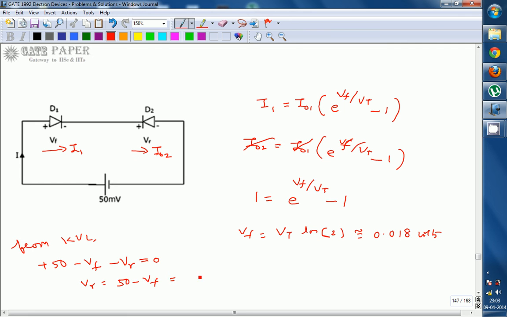Vf is nothing but 18 millivolts. 50 minus 18 is 32 millivolts, which is the voltage across the reverse bias diode, with the n side positive. So reverse voltage is 32 millivolts, and forward voltage for the diode is 18 millivolts. So this is the right answer.